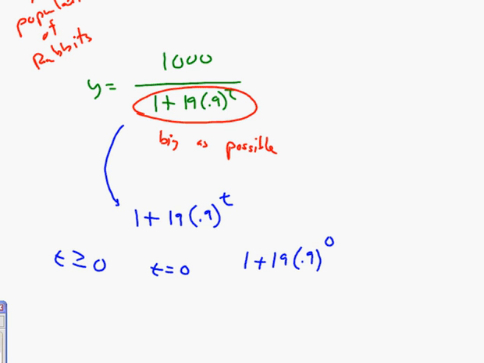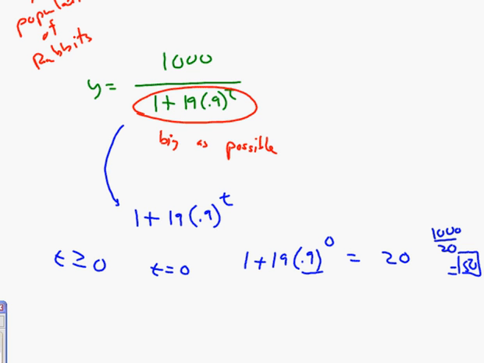Well, 0.9 to the 0 is going to be 1. Times 19 is 19, plus 1 is 20. So this equals 20. That would mean our fraction would be 1,000 over 20, which is equal to 50. So we know 50 is in the range.